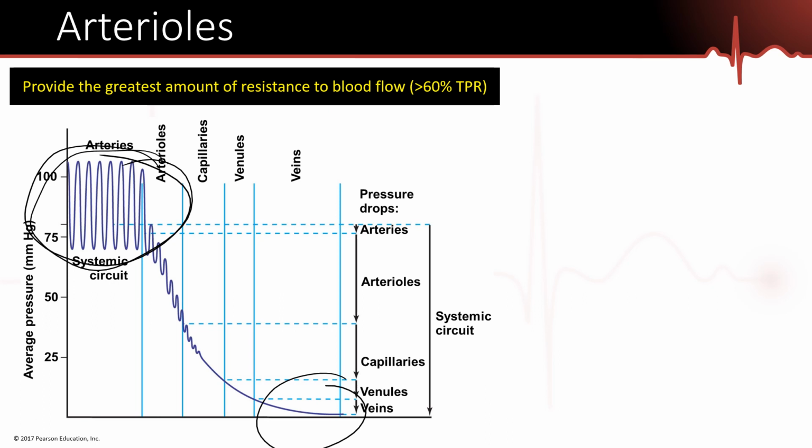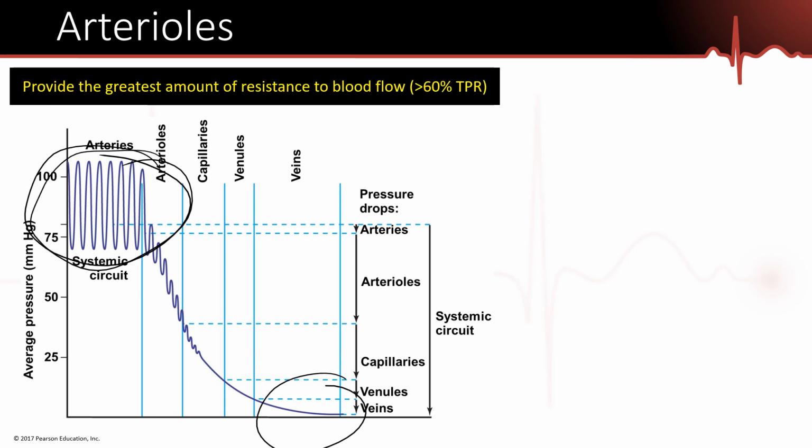Now, the systemic arteries lie closest to the left ventricle. And when the left ventricle contracts and forcefully ejects blood out into the arteries that lie very close to the left ventricle, that creates a lot of pressure within these systemic arteries.